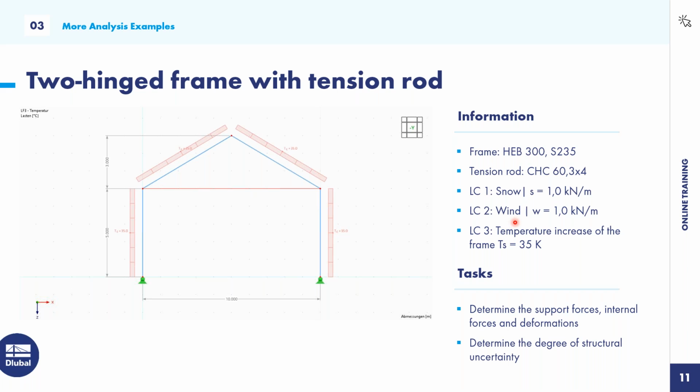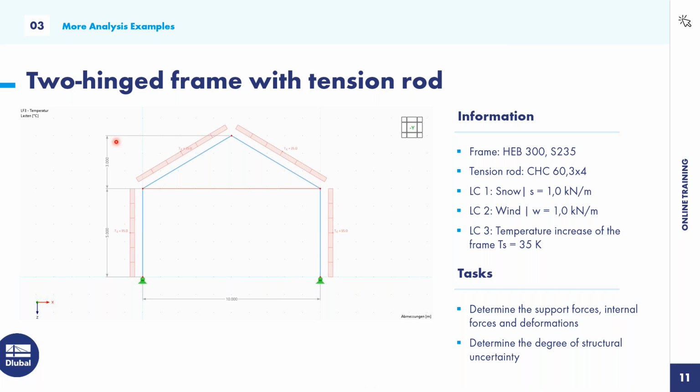And we have 3 different load cases. Now the task would be, okay, determine the support forces and so on, and also the degree of structural uncertainty, so the statical indeterminacy.